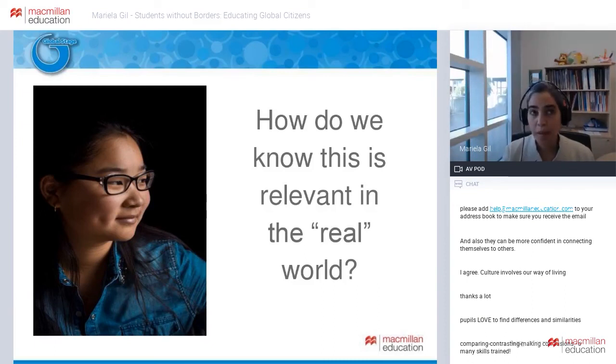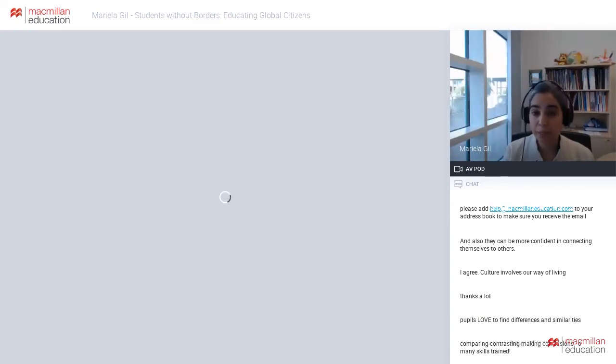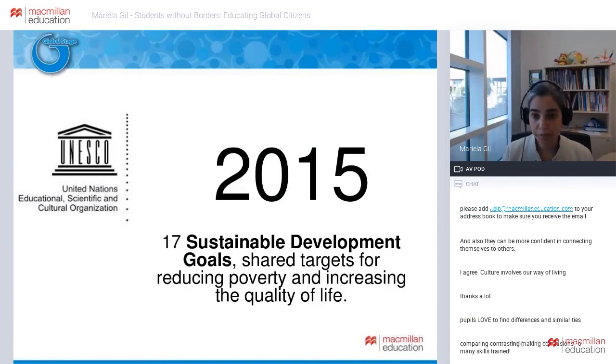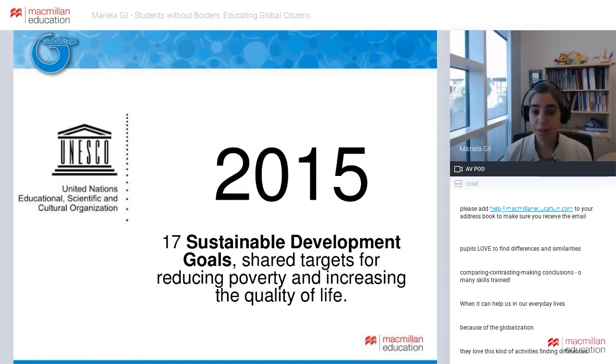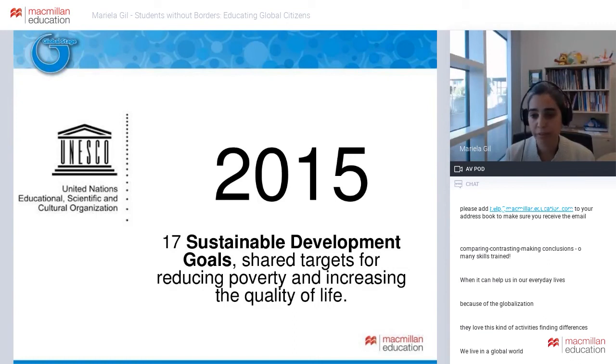I'd like to give you just a tiny little bit of history here. In 2015, the United Nations put together 17 Sustainable Development Goals. These are targets for countries all over the world to hit in order to reduce poverty and increase the quality of life.